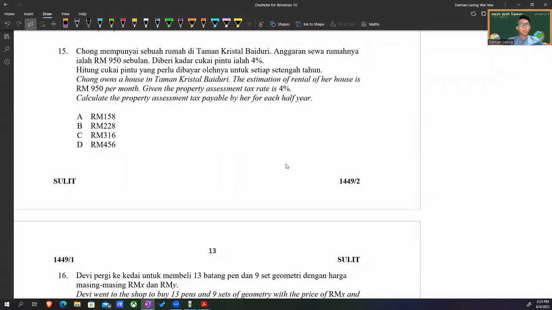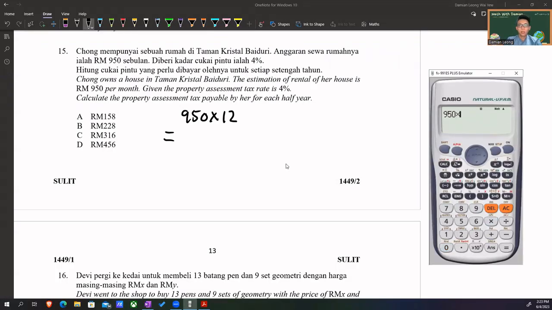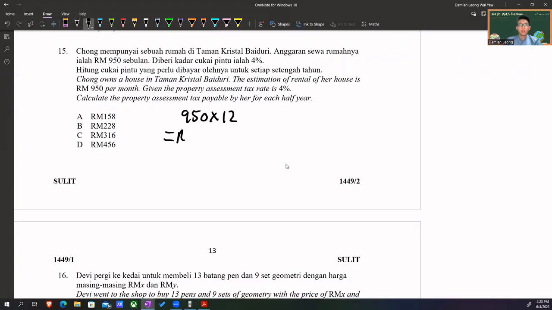Chong owns a house in Taman Crystal Biduri. The estimation of rental of a house is 950 ringgit per month. Given the property assessment tax rate is 4%, calculate the property assessment tax payable by her for each half a year. So I want yearly. So 950 I times 12 to get the yearly value first. 950 times 12, 11,400 ringgit.